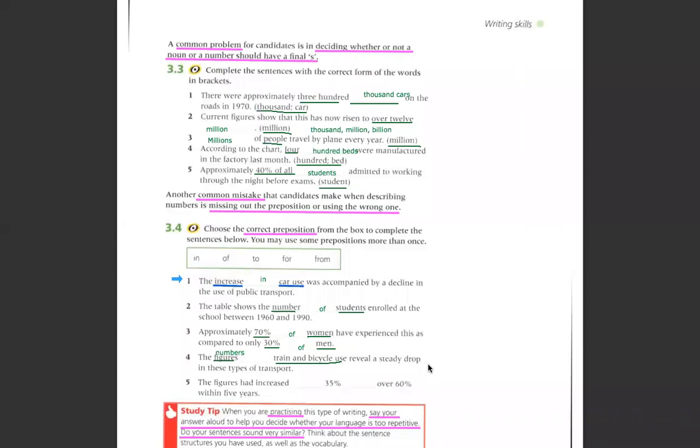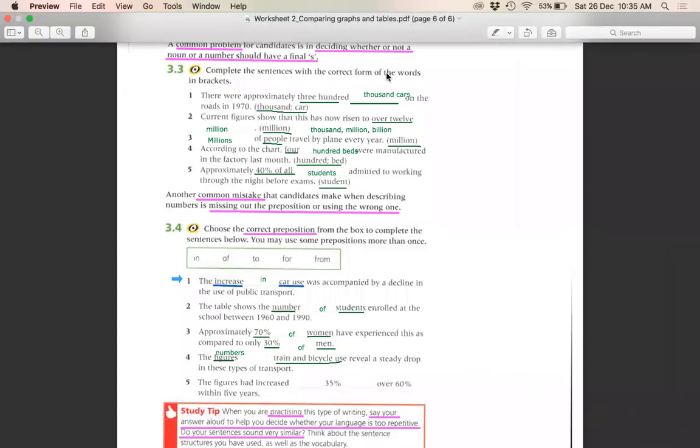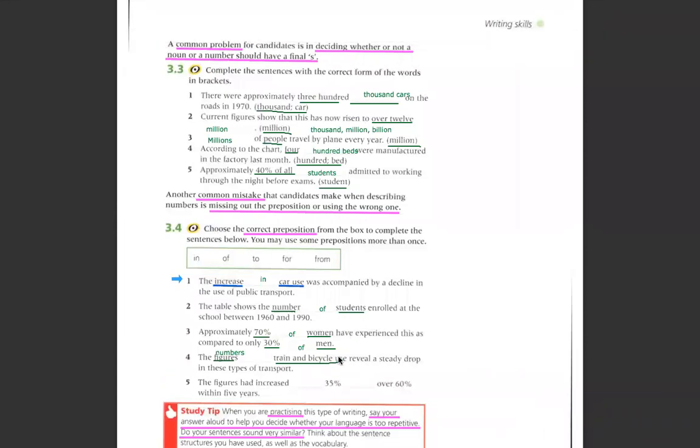Remember again, it's not just train and bicycles, but it's the use of them. Okay, anyone else want to take a guess for number 4? Of is incorrect. If it was just train and bicycle, then of would be correct. But again, we have the word use.